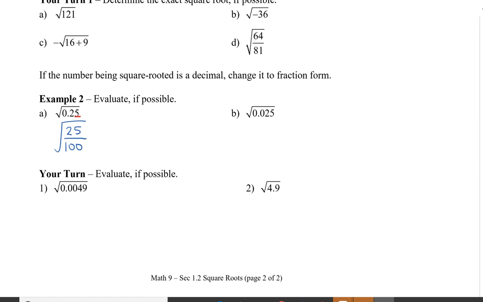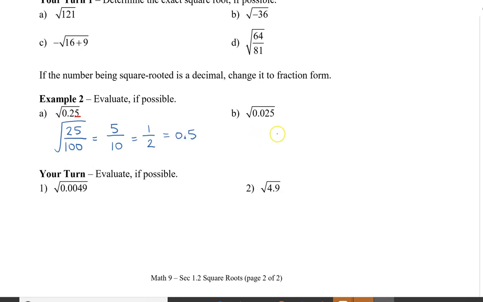Now we can square root 25, and we can also square root 100, so we're going to square root each separately. Square root of 25 is 5, and in the denominator, we square root 100, and that's 10. And then we can reduce this to a half.